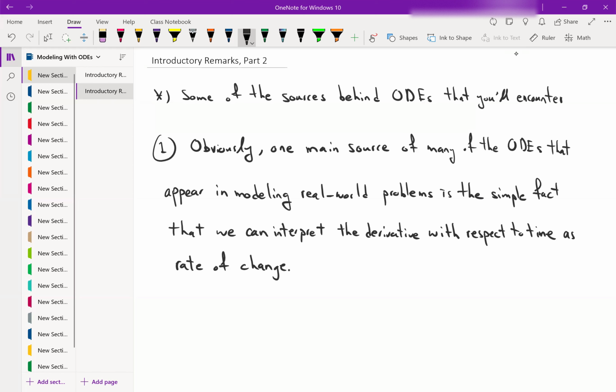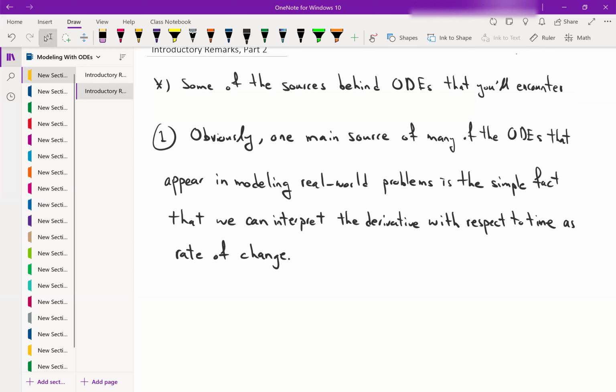So this is definitely one of the key sources behind many of the interesting differential equations that you will see. And we will see this in action very soon when I do specific examples of modeling.